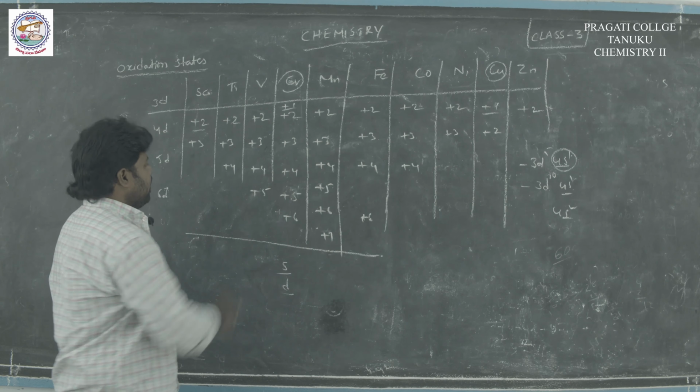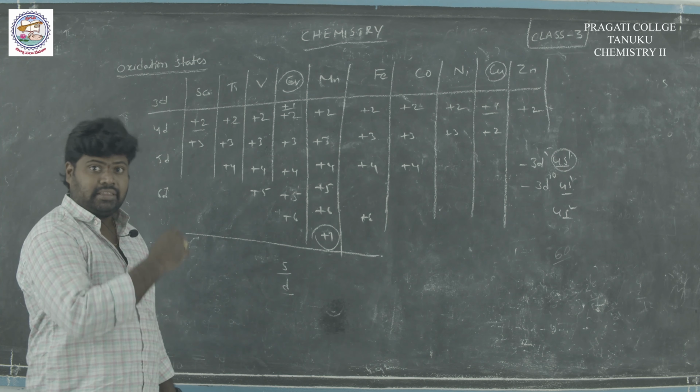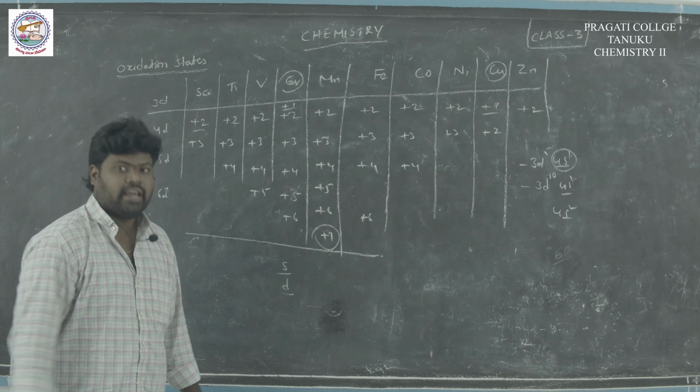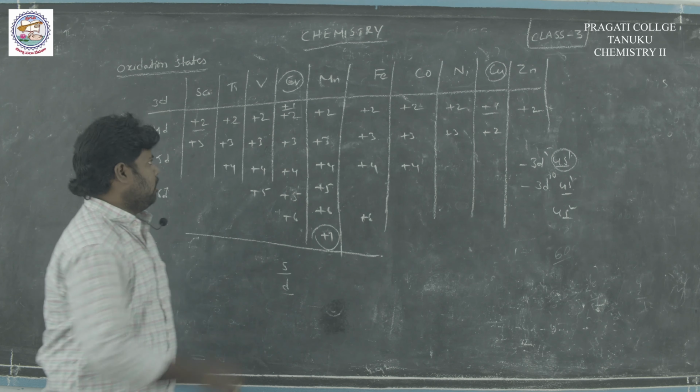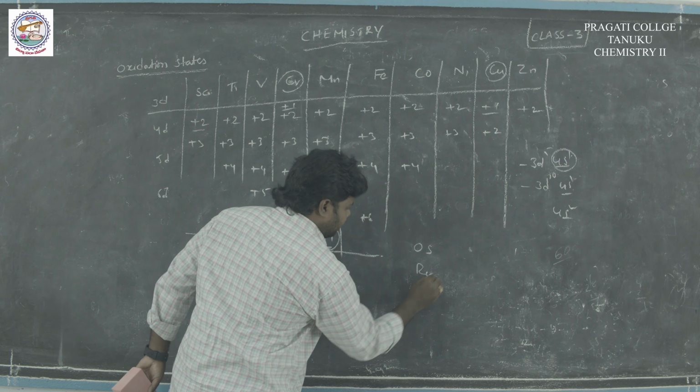So the highest oxidation state exhibited in the 3d series is +7 by manganese, but in the periodic table the highest oxidation state among d block elements is exhibited by osmium and ruthenium.